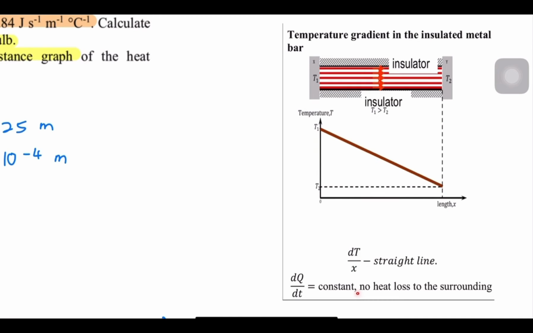So the dT over x graph, the gradient will be a straight line.